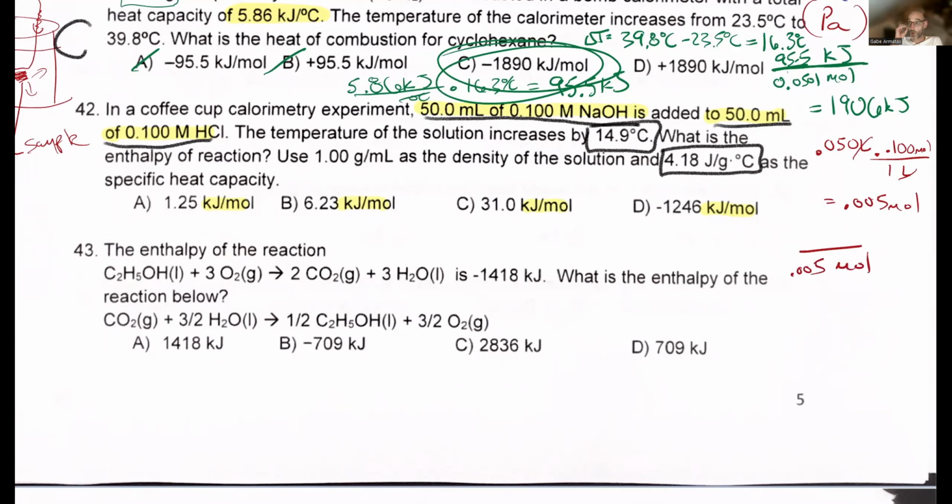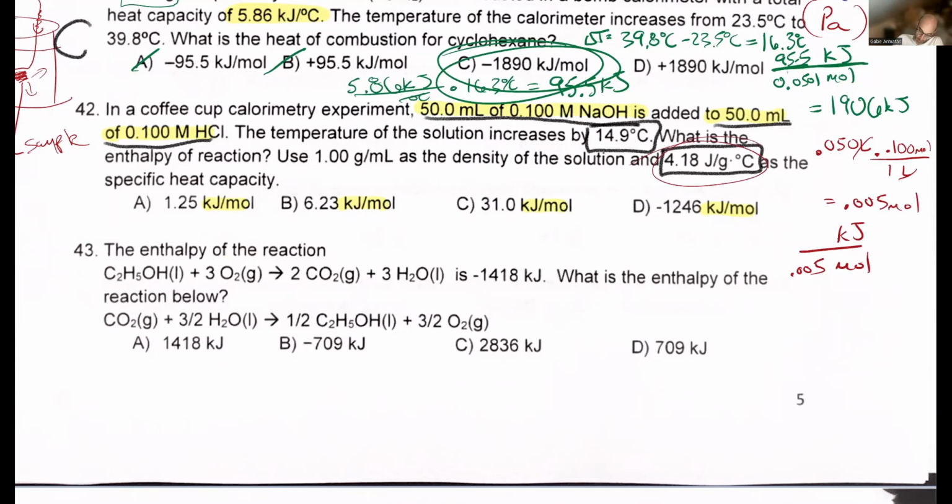So the total reaction consisted of only 0.005 moles from the NaOH or the HCl, that's fine. So we just need to substitute kilojoules into the top of this. And so if we look at heat capacity, the joules of energy released, right? So we'll start with that.